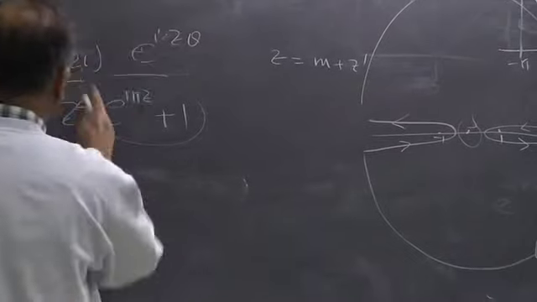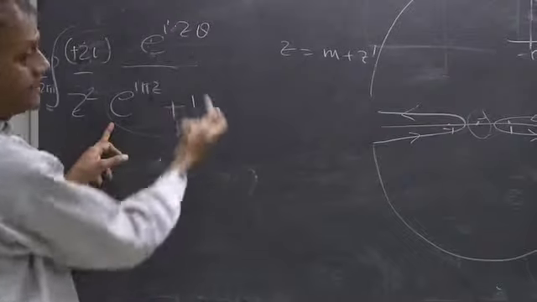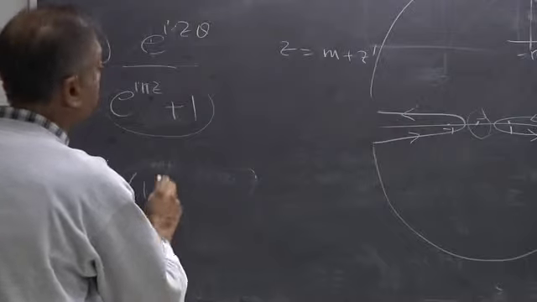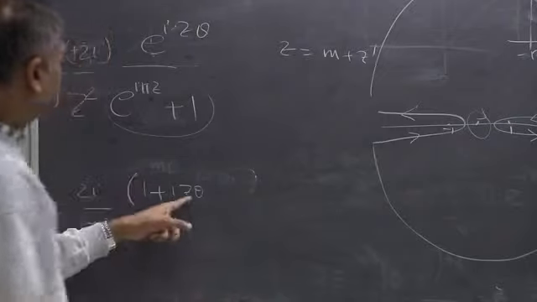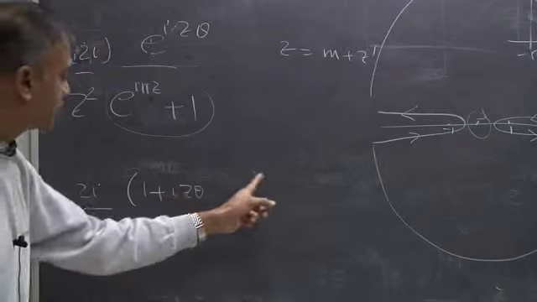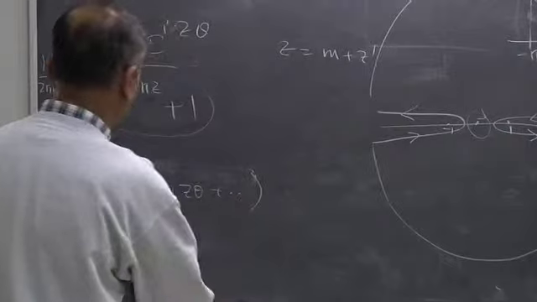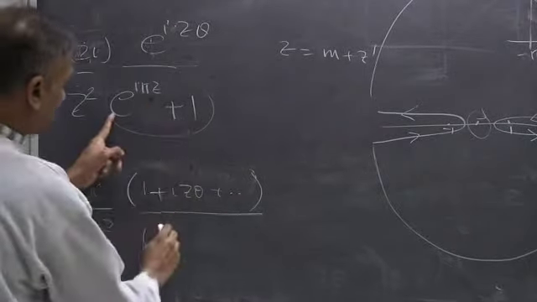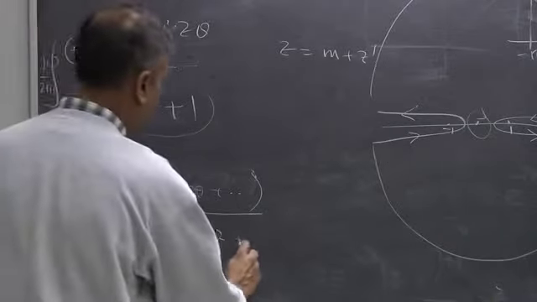So there's a 2i, there's a z squared. All I need to do is expand it at z equal to 0, right? If I look at the top one, it's 1 plus i z theta. It's enough to expand up to first order because there is 1 over z squared; the next order, z squared, will just give you a regular term, so we are not interested in that. And here you get 1 plus i pi z, but 1 plus 1 is 2, so 2 plus i pi z, plus higher orders.